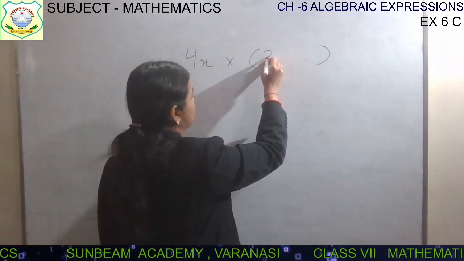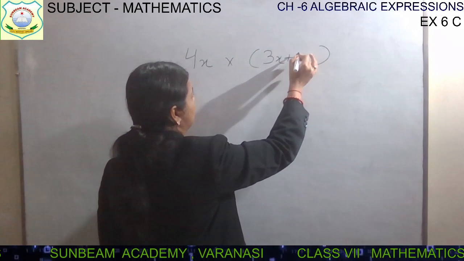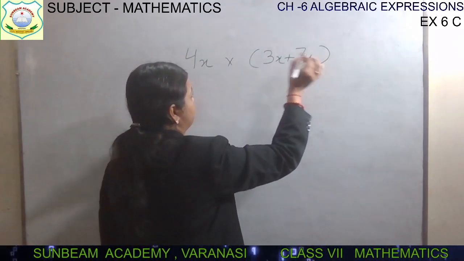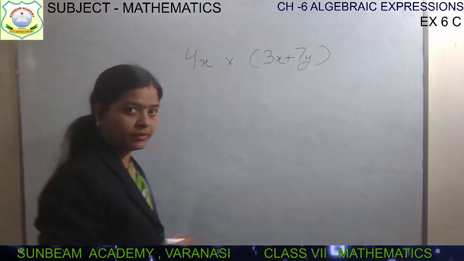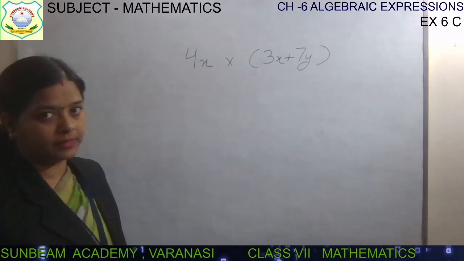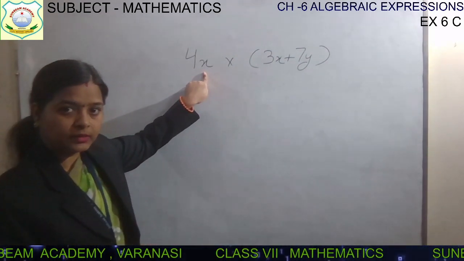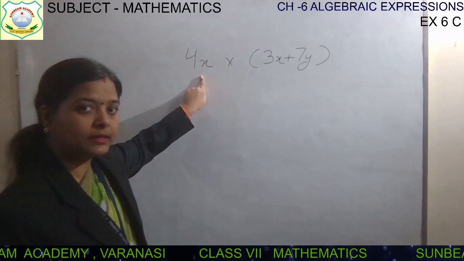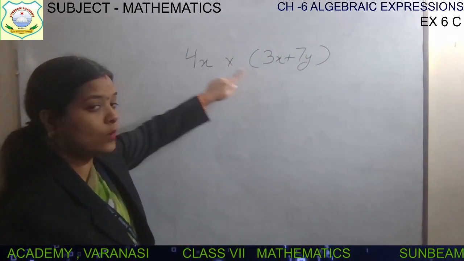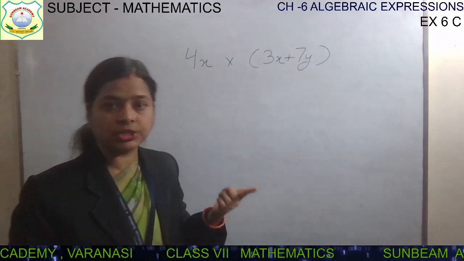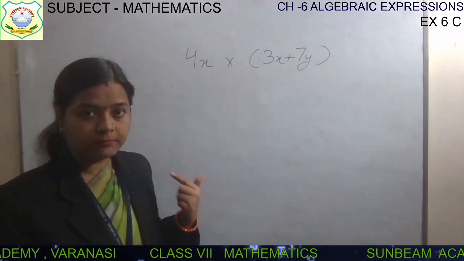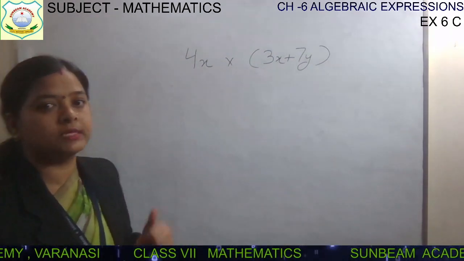So let's take 3x plus 7y. 3x plus 7y. So how will we multiply it? Children, we will take the monomial first. This is the expression having a single term. This will multiply one by one with each term of this binomial.